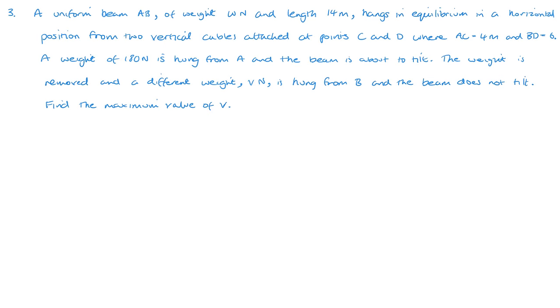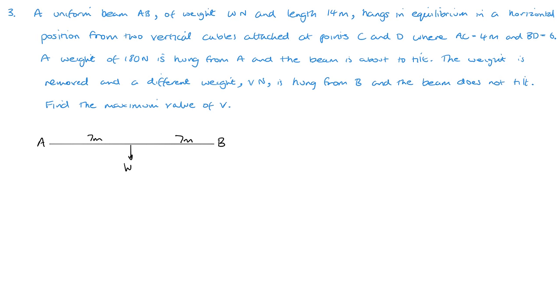Okay, so question 3, we have a uniform beam AB, its weight is W newtons and its length is 14 meters. So this is 7 meters either side.